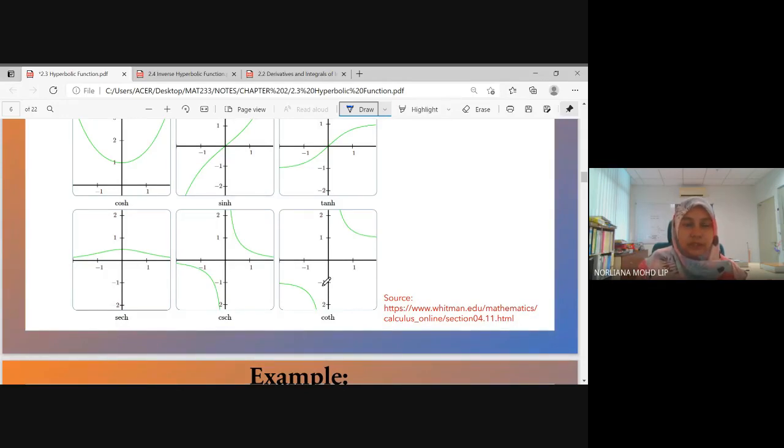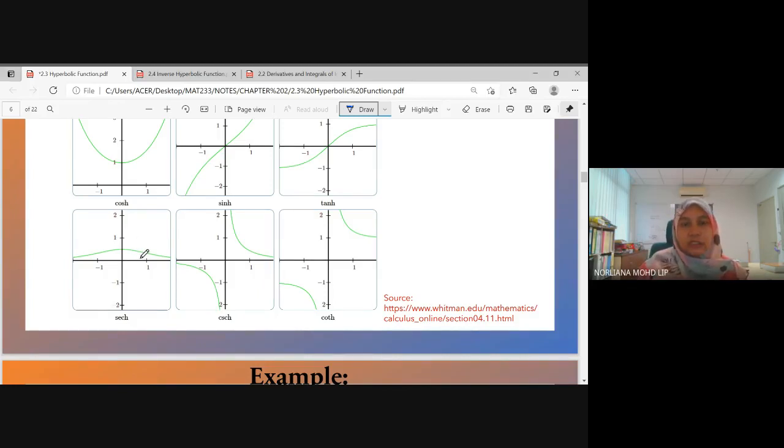Okay, for hyperbolic secant, the domain is from negative infinity until positive infinity, and the range is from 0 until, in this graph, 0.5 here, based on this graph.